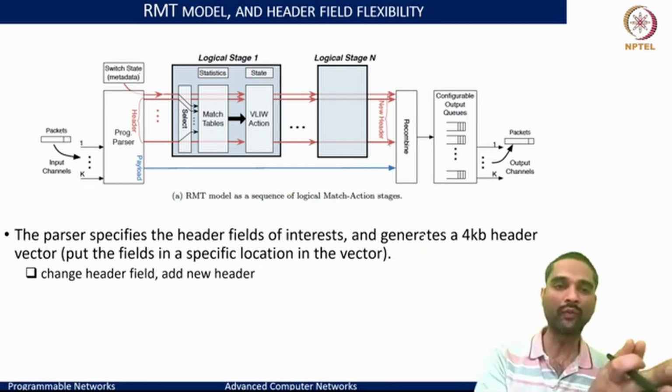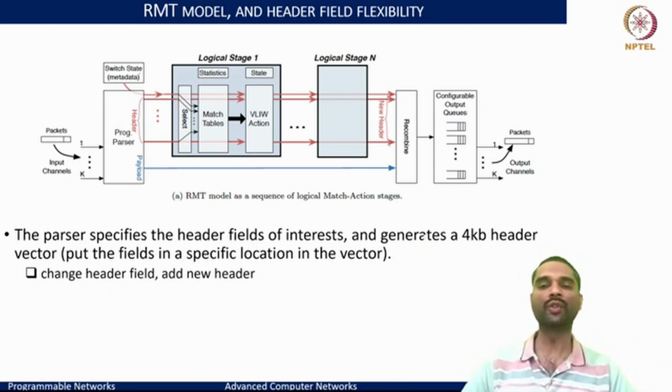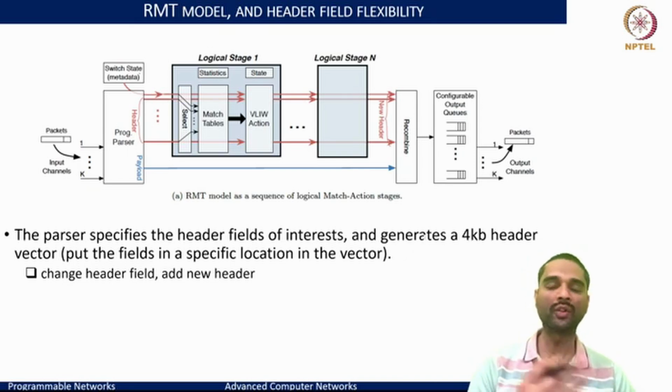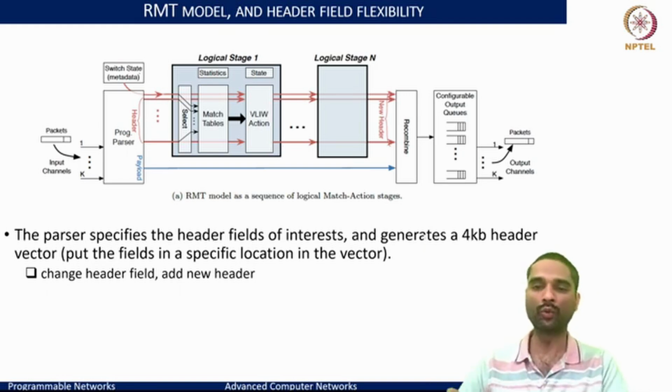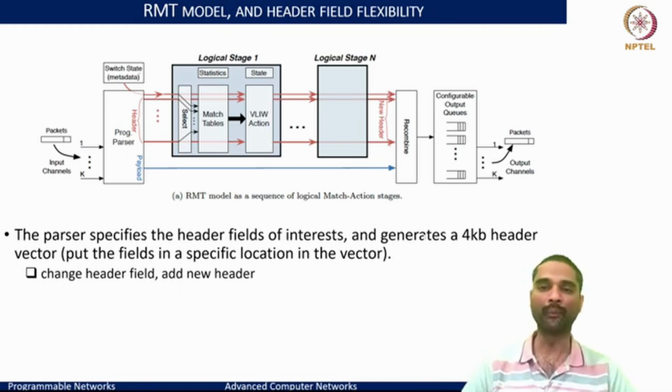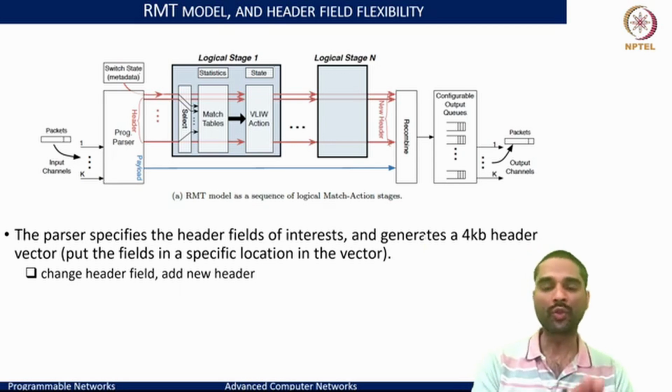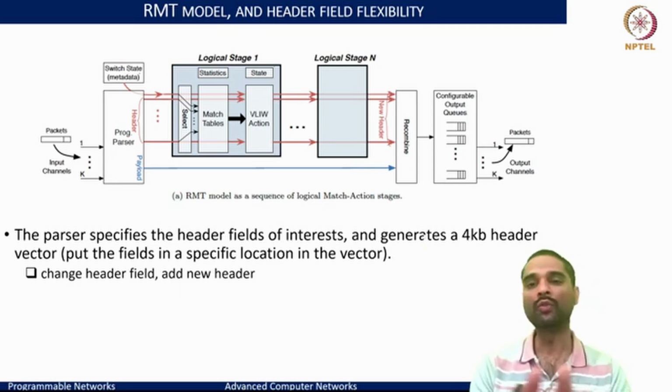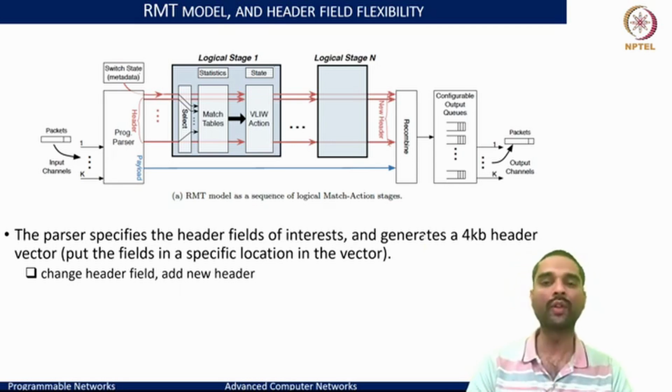And this header vector can be processed through these multiple pipelines of logical stages, where you do the match action and take specific actions, such as updating the state and metadata of the packets as you progress and process the data. And once you process the data, you recombine the header with the payload.